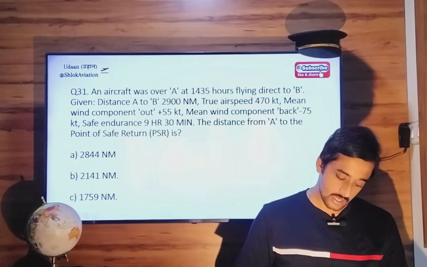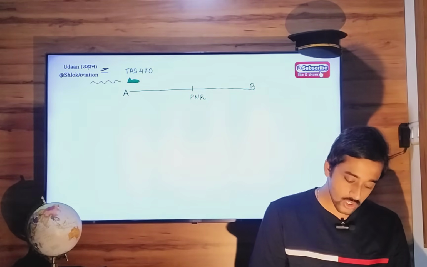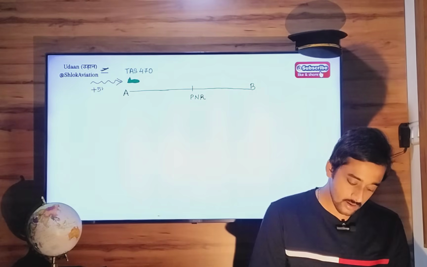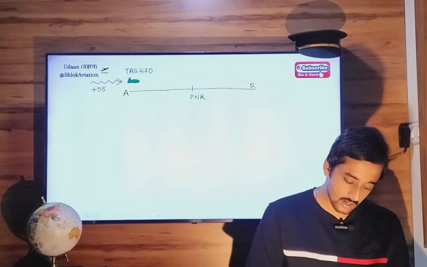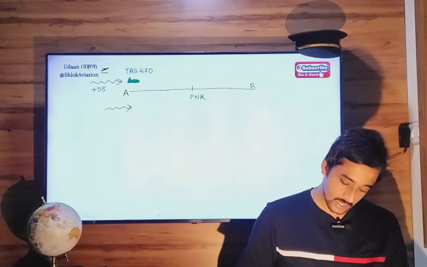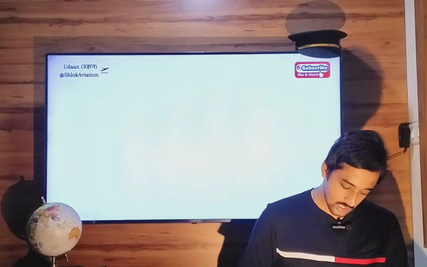Outbound wind speed is plus 55. That means going outbound, you are getting a push of a tailwind plus 55. Then coming homebound, you are getting a headwind of minus 75 knots.